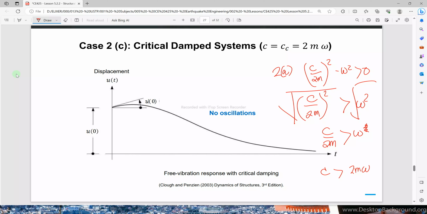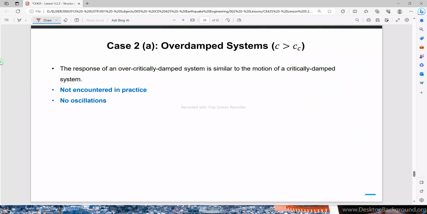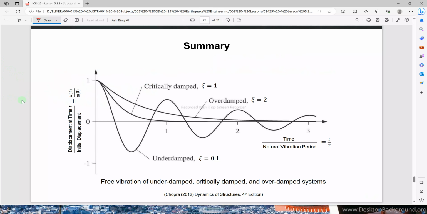So in this case 2A, we call that an overdamped system, when our damping is greater than the critical damping. It is not encountered in practice, and there is no oscillation that happens in an overdamped system.